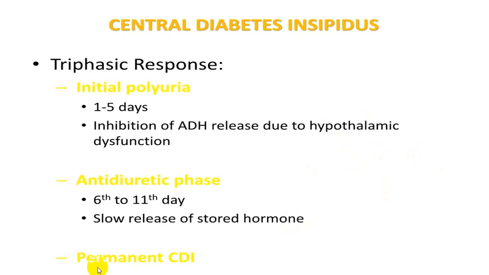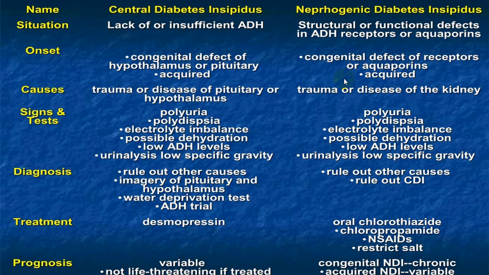Later on the person develops permanent central diabetes insipidus because there is no longer manufacture of ADH hormone by the hypothalamus, and there is no storage in the posterior pituitary. Hence, initial polyuria is followed by a temporary antidiuretic phase, and then the person goes into what we call permanent central diabetes insipidus. This is the classical triphasic response in a post-surgical case.